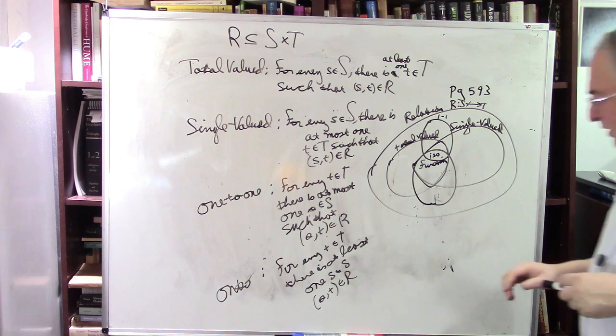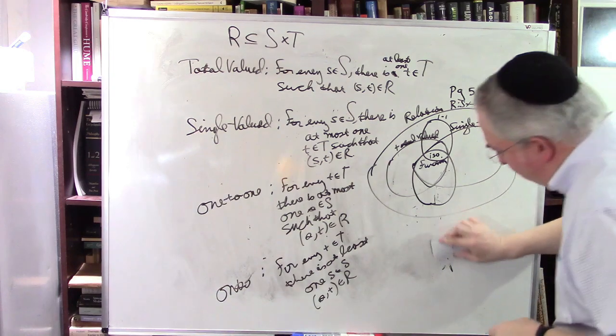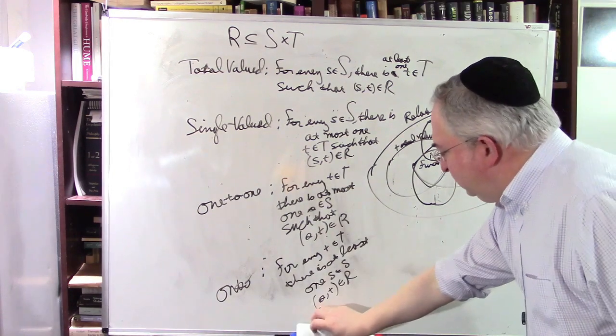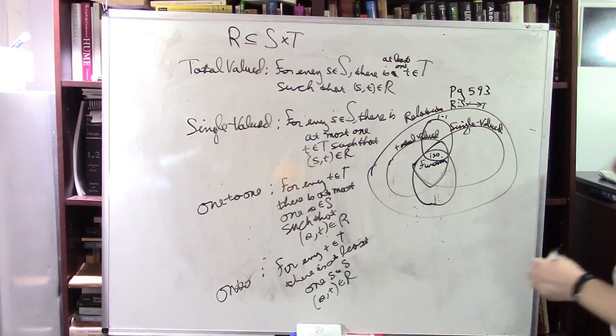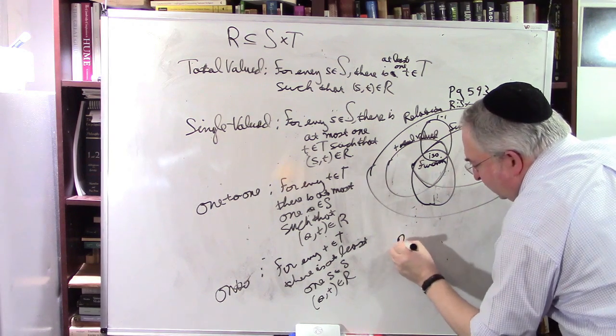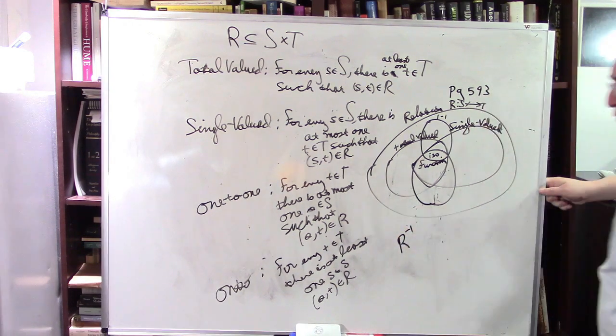I want to do something a little bit quickly, but it's very cute. It's very nice. And the idea is as follows. For every relation R, there's another relation called R minus 1.